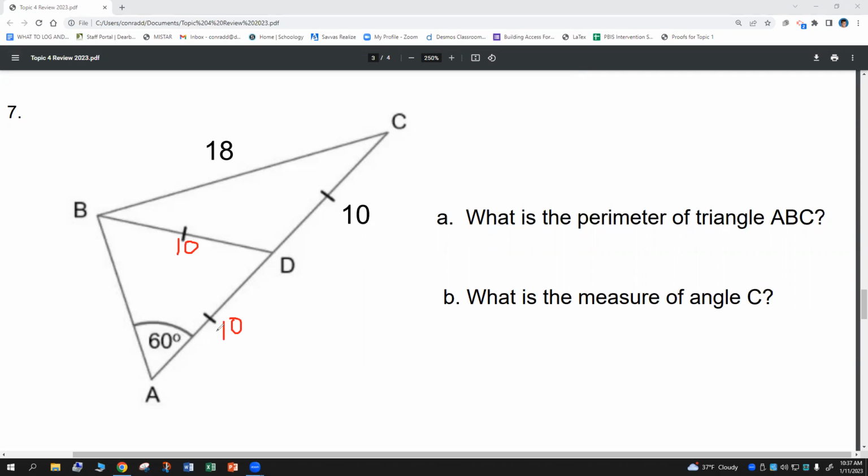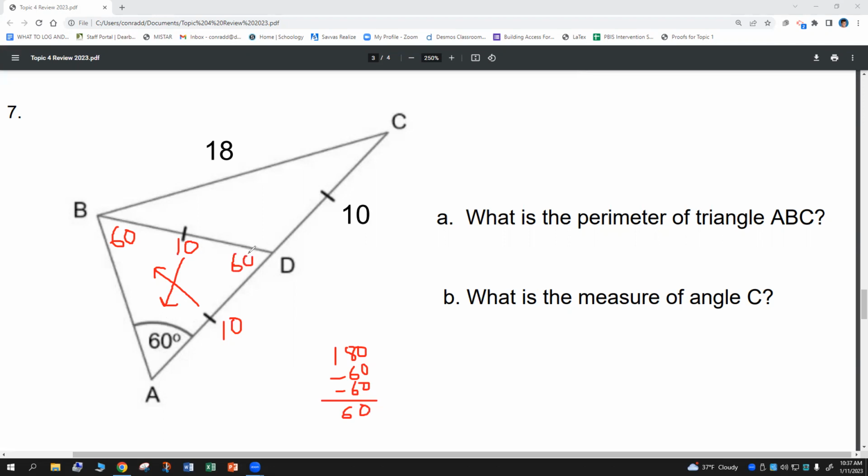So since this has 2 sides congruent, it's at least isosceles. So across and across have to be equal, which means this angle down here in our isosceles triangle, this other base angle, is 60. But we notice if we have 60 and 60, the third angle is going to also have to be 60. So 180 minus 60 minus 60 is going to give me 60.